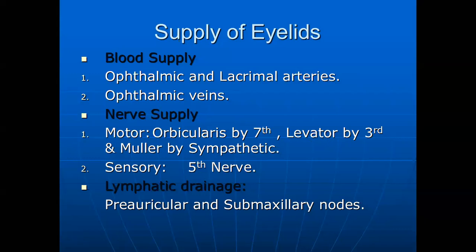Droop means it will fall. The upper eyelid will fall, and this creates a condition called ptosis. That is our today's topic. So we wanted to have a background of the normal anatomy of the eyelids so that you can have an idea about the different pathophysiology of ptosis.